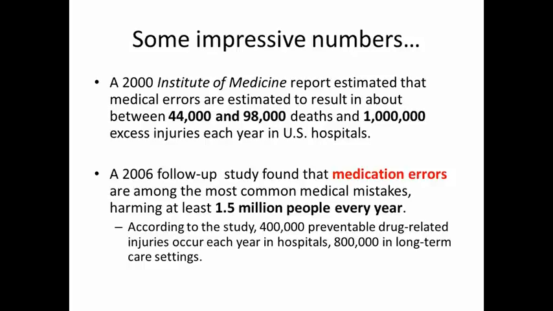This is a report of the Institute of Medicine, where between 44,000 and 98,000 deaths were estimated each year in US hospitals, and 1 million injuries are also estimated each year in these hospitals. Then a follow-up study found that medication errors are among the most common medical mistakes, and they could harm at least 1 million people every year.